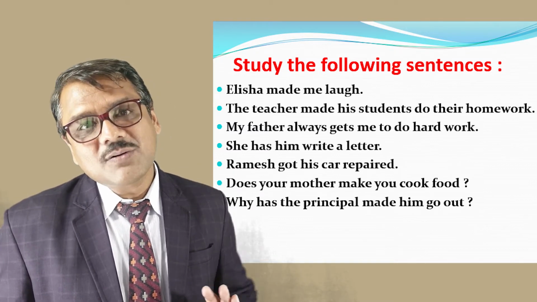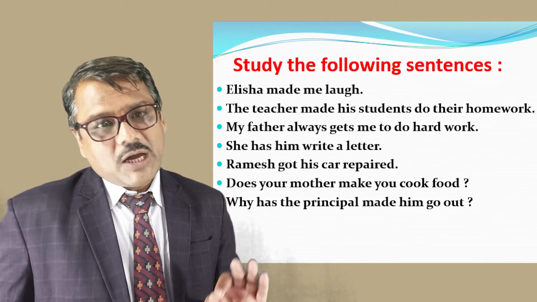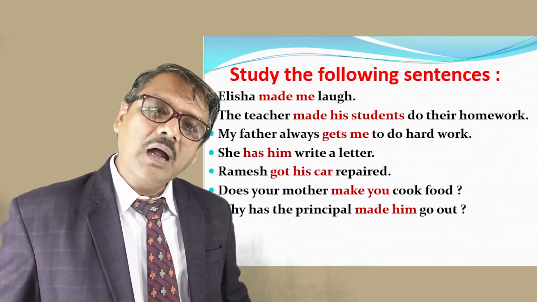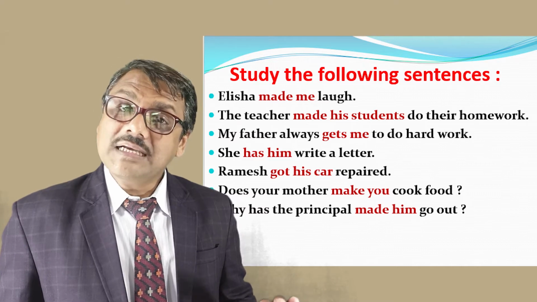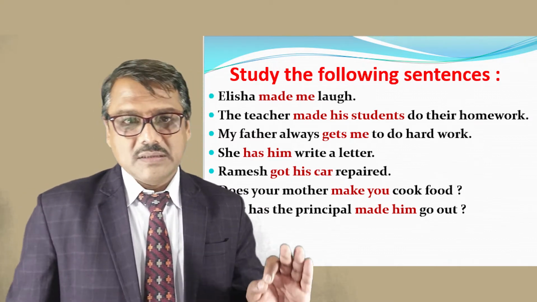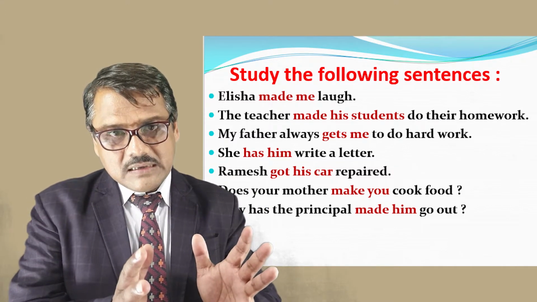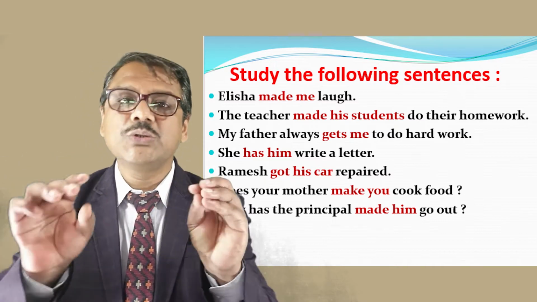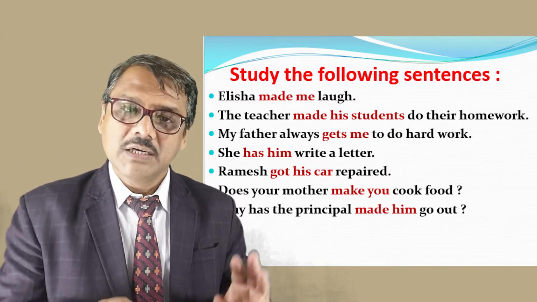So, what exactly is a causative verb? A causative verb is a verb that is used to show that somebody causes somebody to do something. Let me revise it once again.